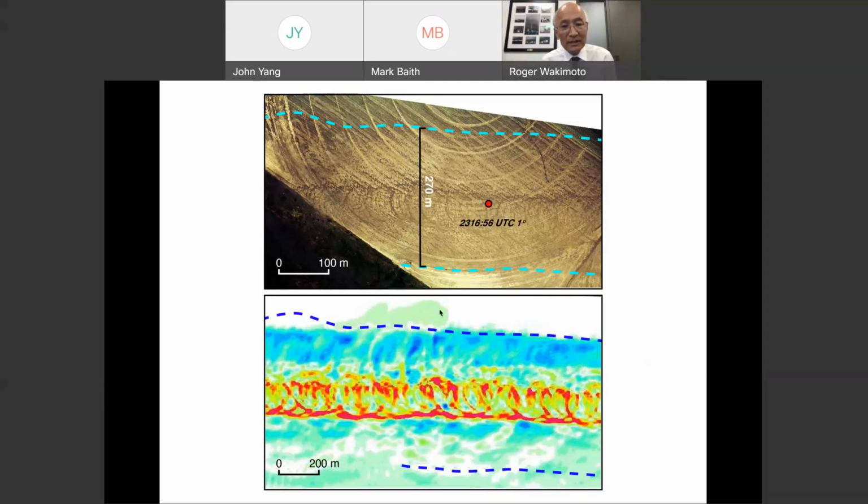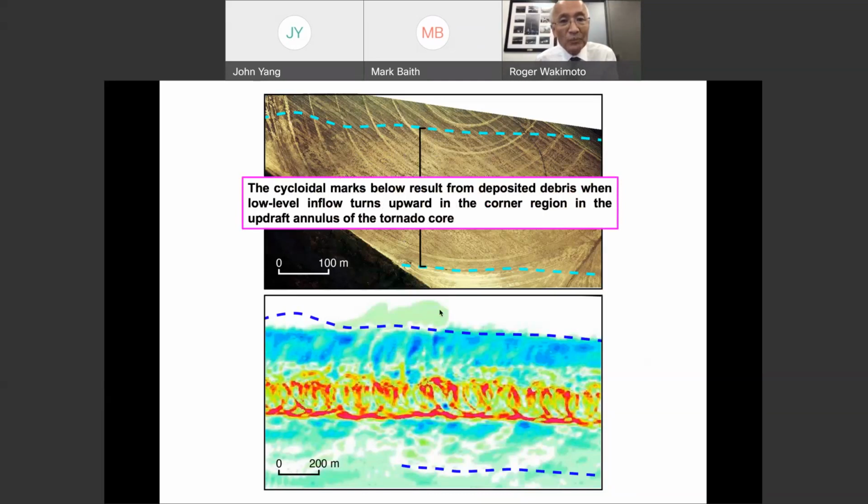But what was causing the cycloidal debris swaths in Dave Lewellen's simulations? This may be a mouthful, but what he said was the cycloidal marks below result from deposited debris when the low-level inflow turns upward in the corner region in the updraft annulus of the tornado core.